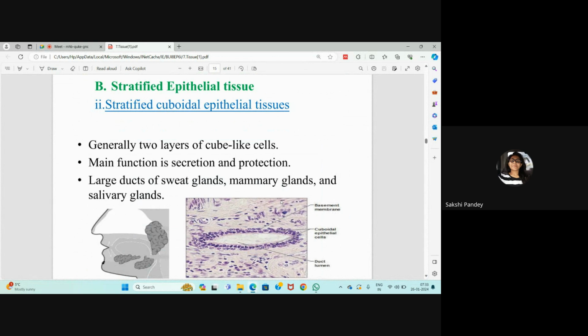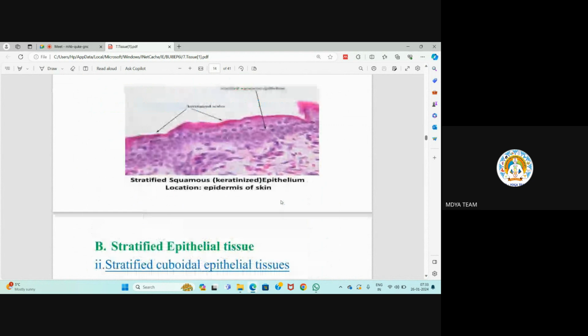Then you define the types. I didn't get it. Okay. So you want me to explain the flow chart or anything else? No, only the types. The stratified squamous non-keratinized and keratinized epithelium. Only these two. Okay.